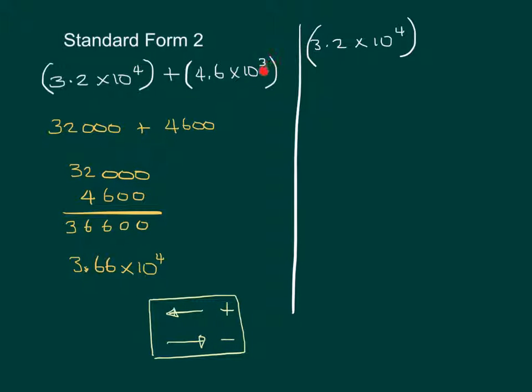So here I need to increase that power by 1 so that it turns into a 4. To increase it by 1, I need to move this decimal point one place this way.